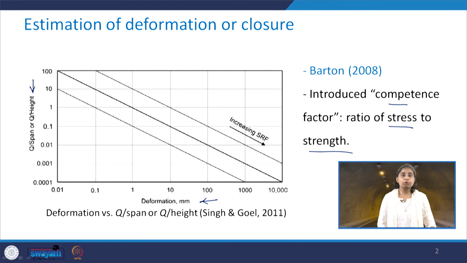So, if we know the rock mass quality index Q for a particular rock mass, and if we know the span or the height of the underground excavation, then we can determine this quantity on the y axis, and accordingly we can choose the deformation from this particular plot. We can estimate the deformation, and you see that as we move in this direction, the SRF value is increasing.